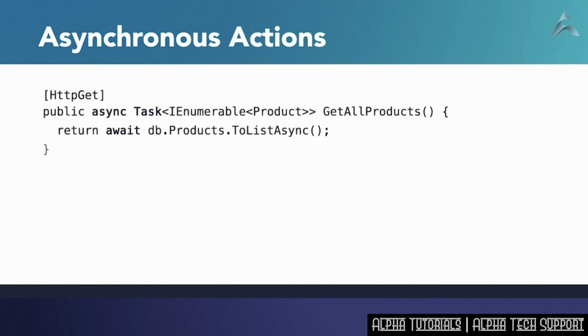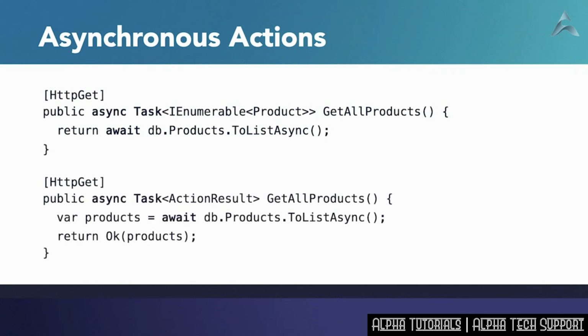So instead of public IEnumerable of Product, we can do public async Task of IEnumerable of Product, and then use the await keyword, because now we are not using ToList but ToListAsync, and then can also use the asynchronous streaming .NET supports. And in case of using ActionResult, we now have to use public async Task of ActionResult, and again use the await keyword when we are calling ToListAsync, and that converts our API into an asynchronous one.